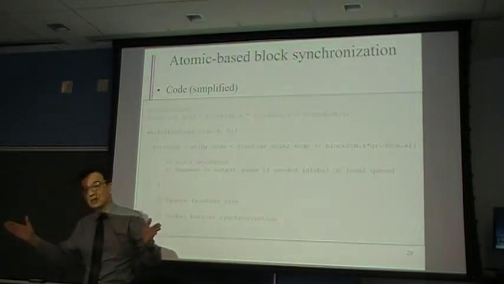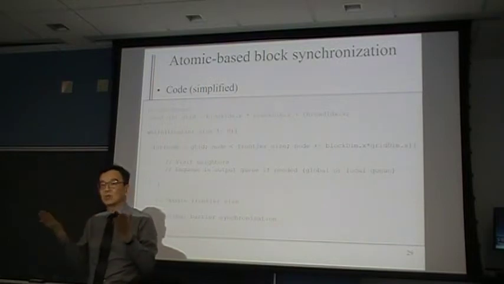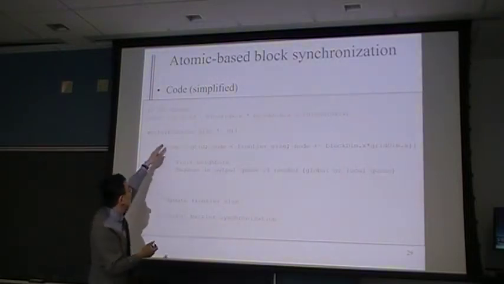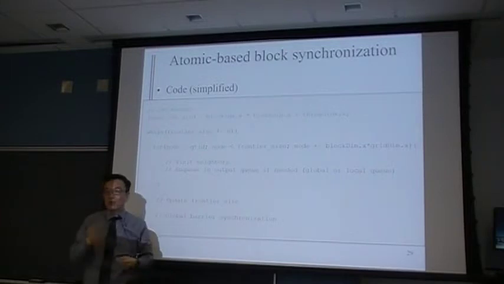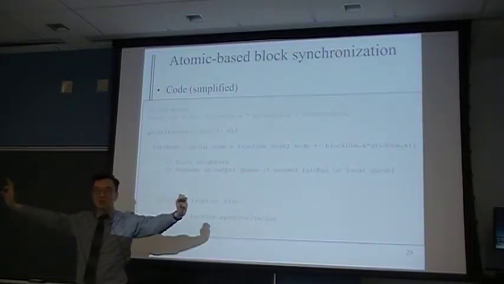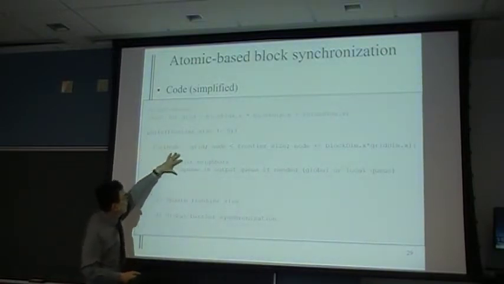You visited all the nodes, and you can no longer generate any new frontier. And that's when you're done, right? So this is the classic breadth first search. This while loop will iterate, and every iteration of the while loop will be one frontier iteration, right?